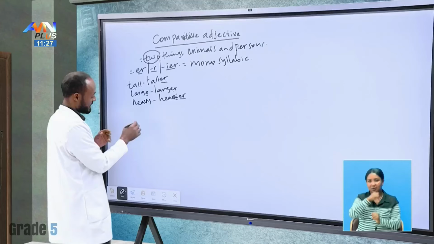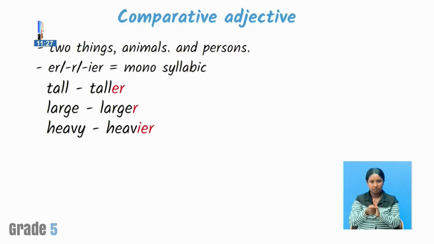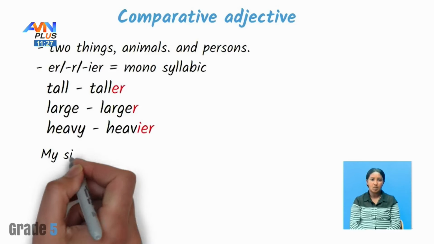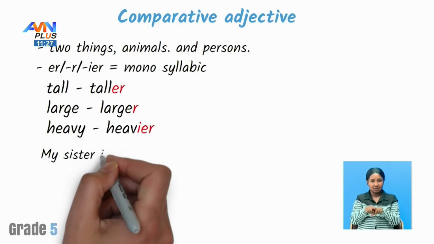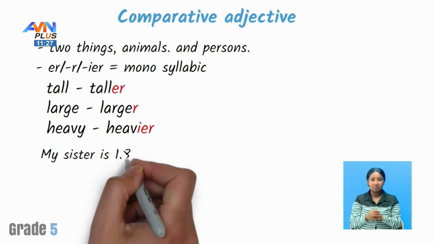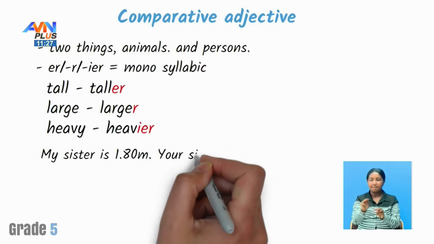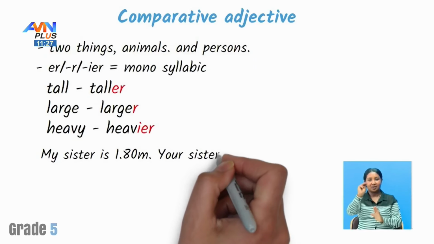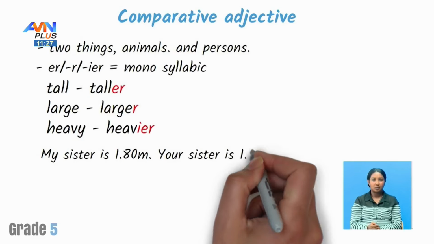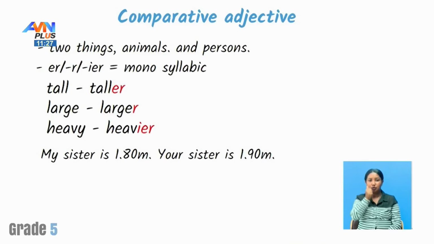For example, my sister is 1.80 meter. Your sister is 1.90 meter.